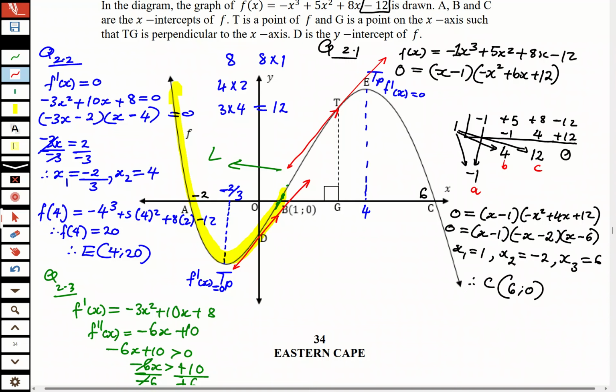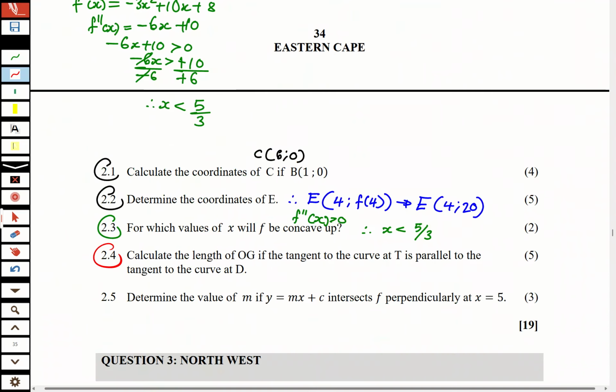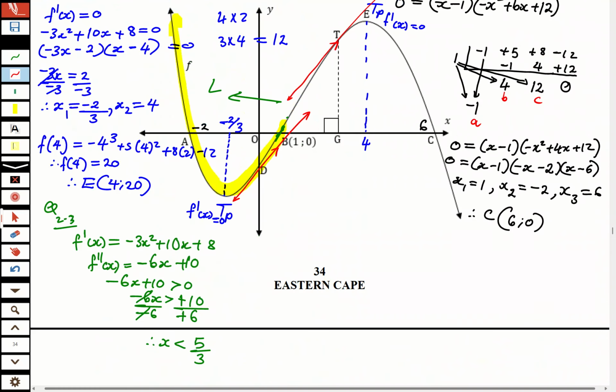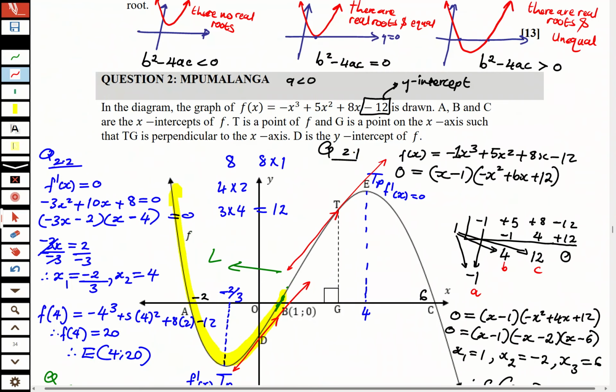What do you know about two lines that are parallel? They have equal gradient. They said it here that the tangent at T is parallel to the tangent at D. So this is the tangent at D when x is 0 there. Remember that at D, this is the y-intercept, which is negative 12, where the function cuts the y-axis.